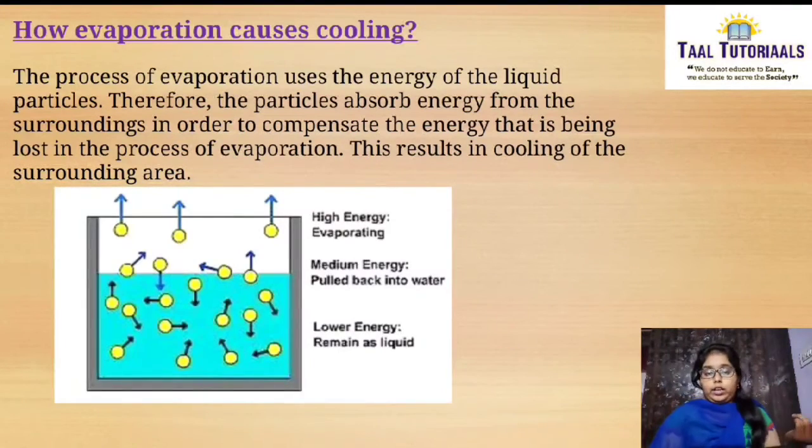They are losing energy because of the evaporation, so to compensate that, there is an absorption of energy from the surroundings. This results in the cooling of the surrounding area. Okay, so if evaporation is happening, the surrounding area will be cooled.